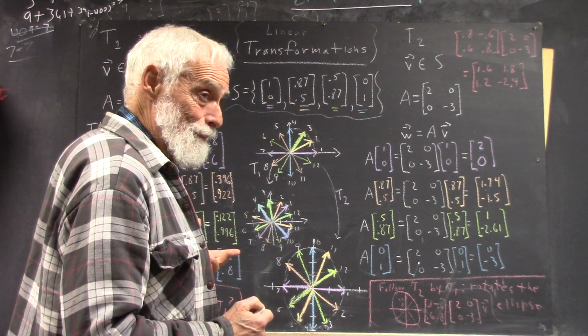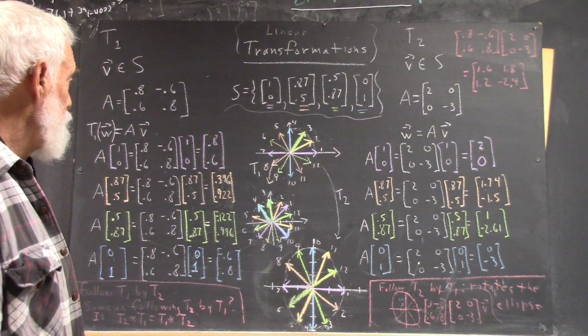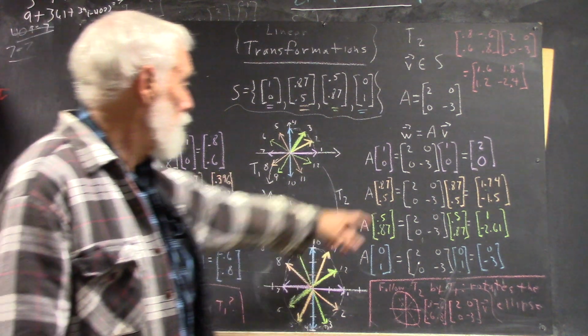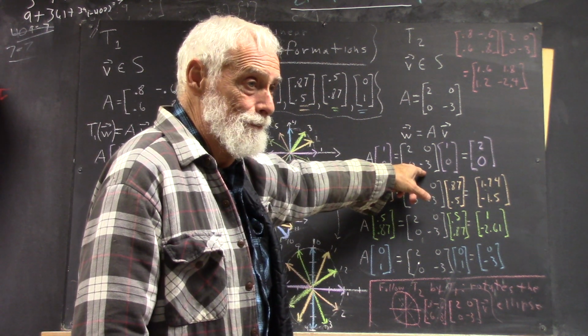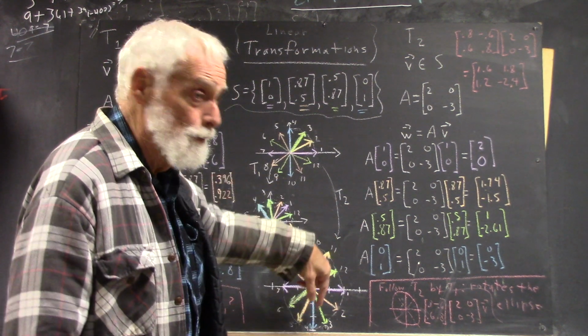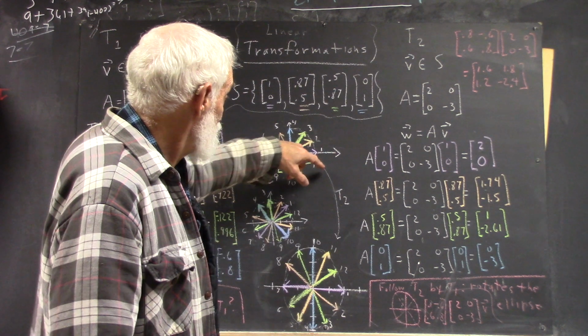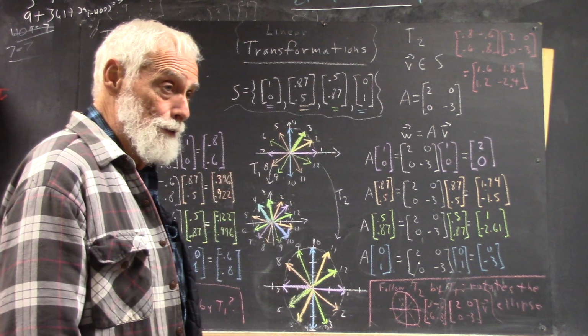Okay? Other things you can see here, the determinant of this matrix is negative, and the sense in which you go around the circle is reversed. You go around the ellipse clockwise when you go around the circle counterclockwise.